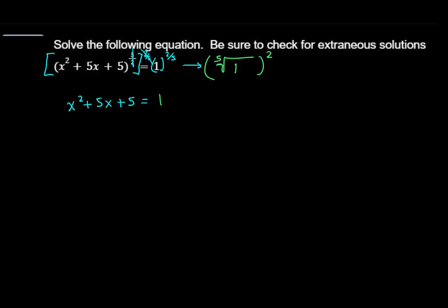Now the resulting equation this time is a quadratic, so I have to solve it like a quadratic, which means I need to get it set equal to 0. So I'm going to subtract 1 from both sides, giving me x squared plus 5x plus 4 equals 0.